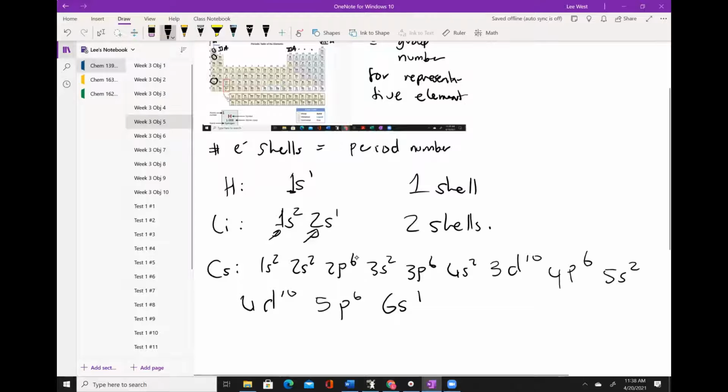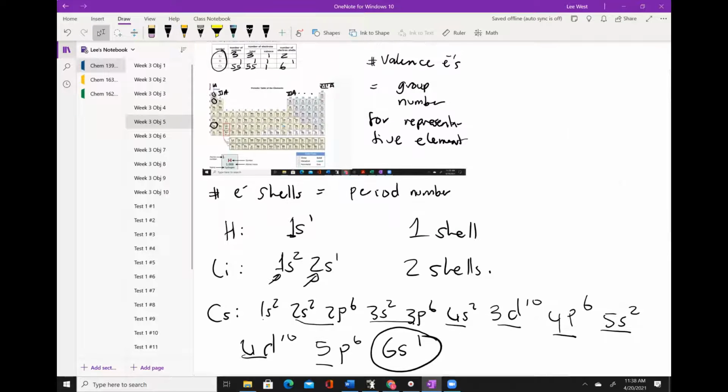And so you can see that it has the first shell, the second shell, the third shell, the fourth shell, the fifth shell, and then finally we've got shell number 6. All right, so it has 6 different shells.